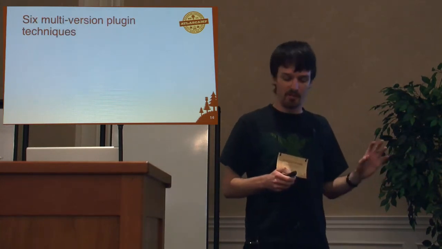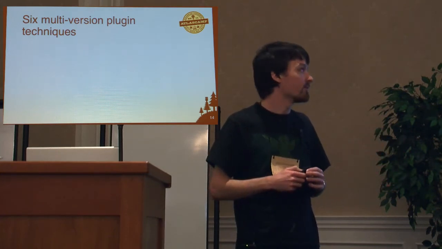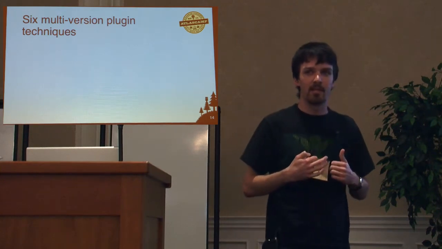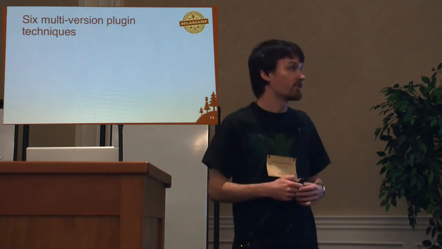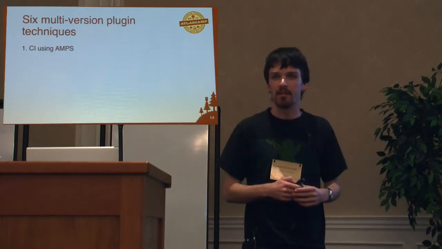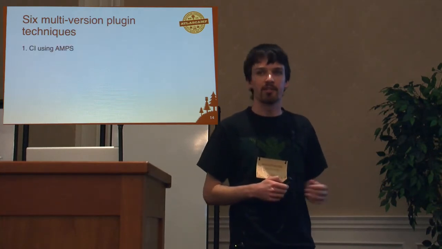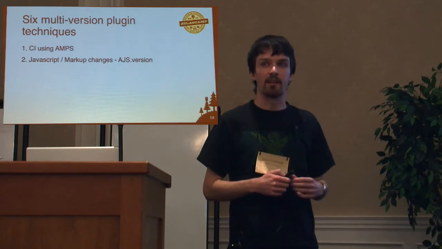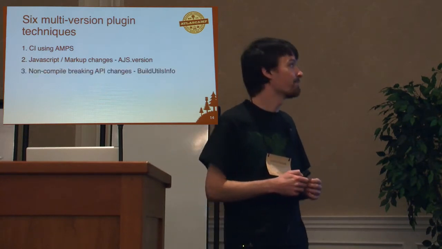So I'm advocating the one build targeting multiple versions approach, and this is the approach that Bonfire and Speakeasy have both taken. I'll now run through six techniques to build JIRA plugins that target multiple versions without branching. The first is doing continuous integration across those multiple versions using AMPS. Secondly, JavaScript and markup changes, handled using AJS.version.